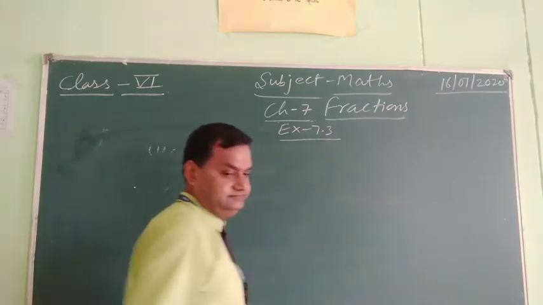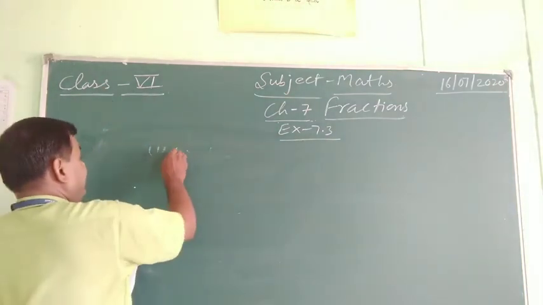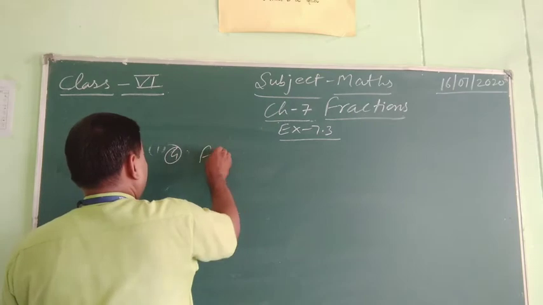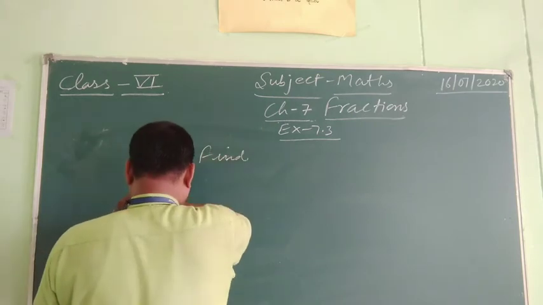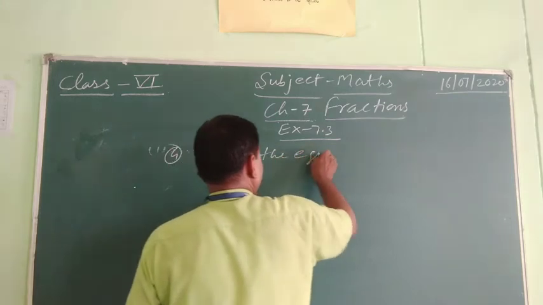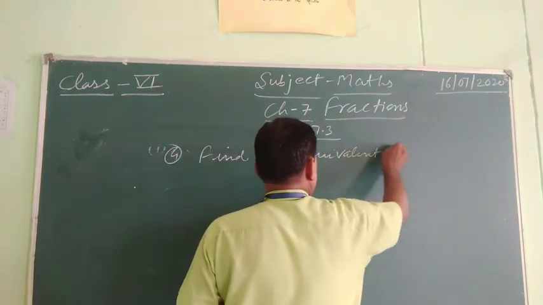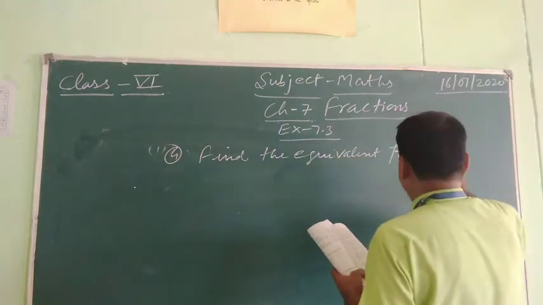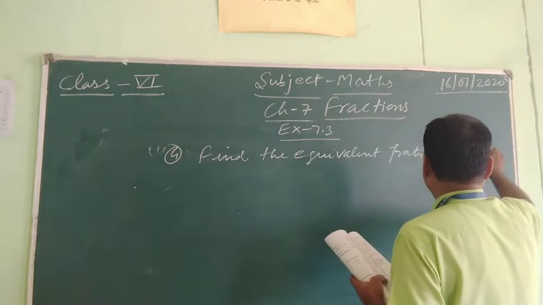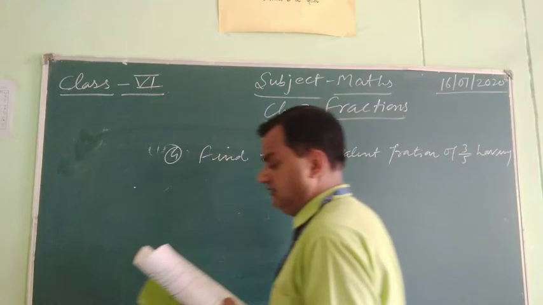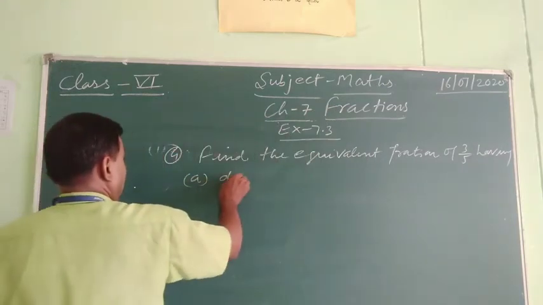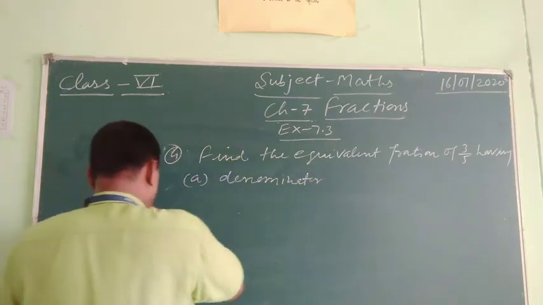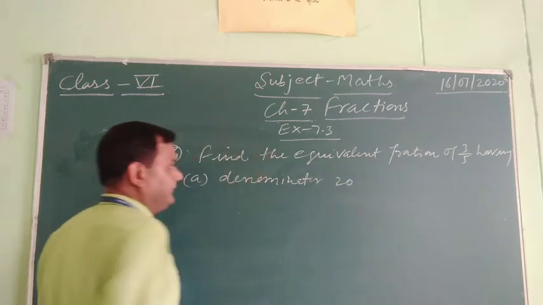Now question number 4. Find the equivalent fraction of 3 upon 5 having denominator 20.